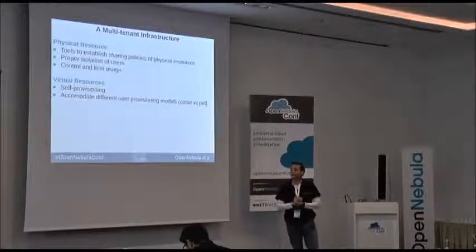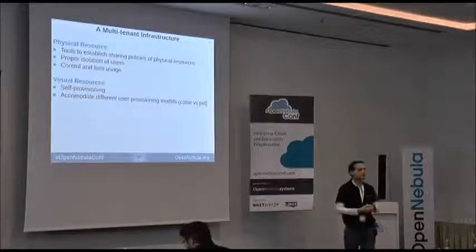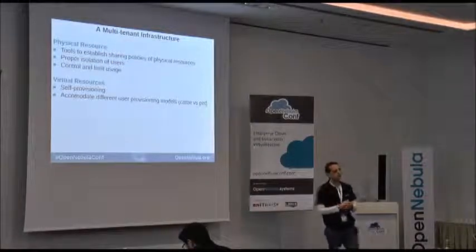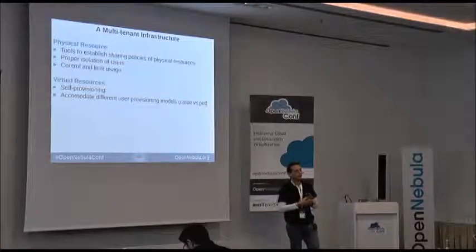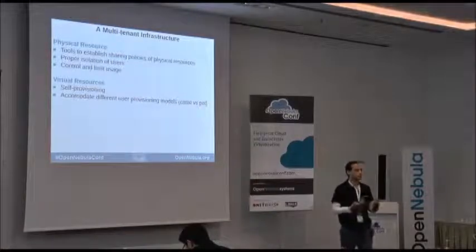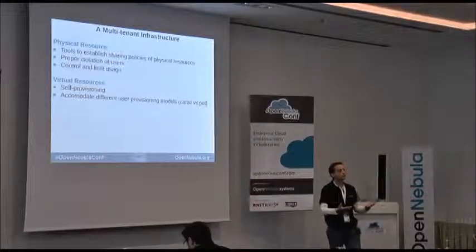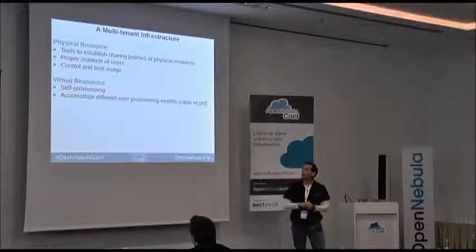But in terms of virtual resources, I'm talking now about the virtual machines, disk images, or virtual networks, you probably want to put in place proper self-provision mechanisms for your users. So you want to let your users use your cloud as autonomously as possible, right?